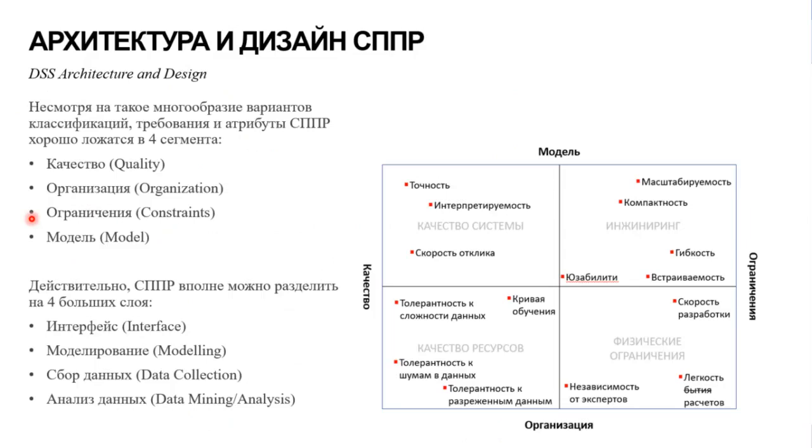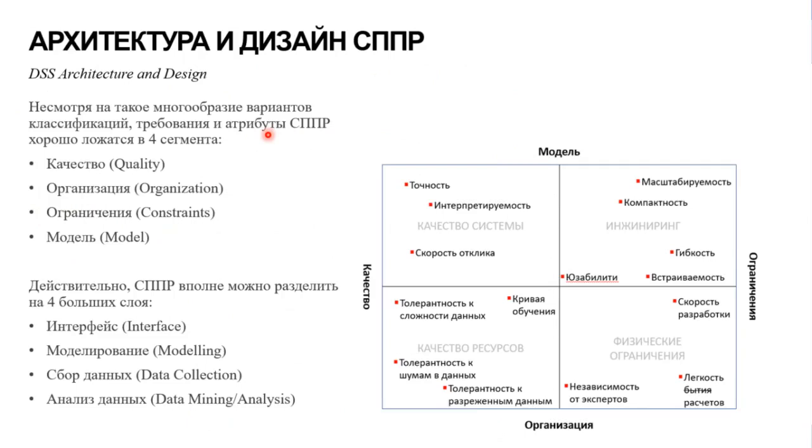Now, a little overview of the architecture and design of such systems, that is, systems for supporting decision making. One of the most important aspects we should understand is that there are some components that are important in building such systems.